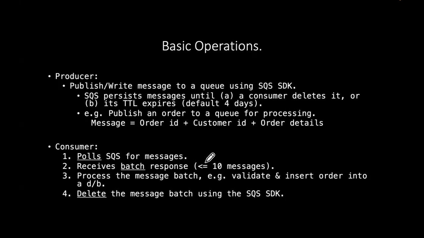A batch is always going to have less than or equal to 10 messages. I think SQS controls that. So even if it has 100 messages in the queue, it will only return 10 of them. And our consumer processes these messages. And as I've already said, finally, the consumer tells SQS, you can now delete the batch that you gave me.